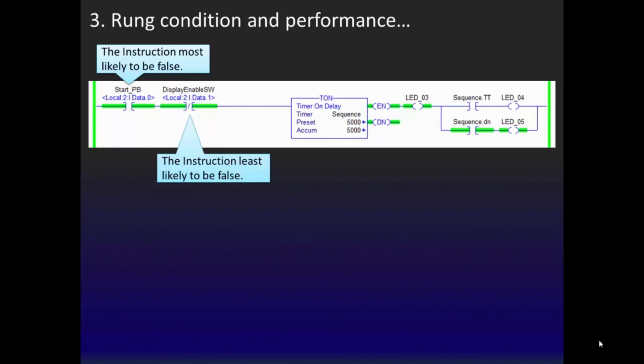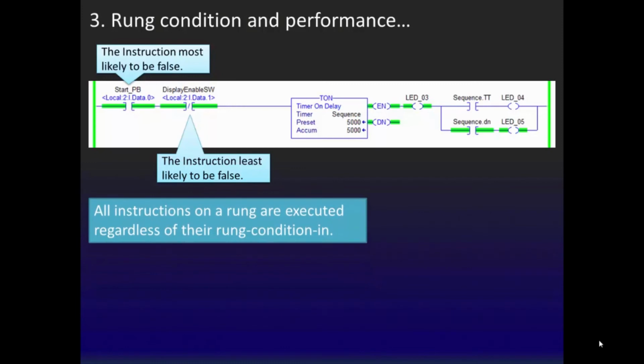The point is that if the run condition is true, then it takes a little more execution time to execute the rest of the instructions. As soon as the run condition is false, then it actually executes a little faster. So you always want the instruction most likely to be false to be first in the rung.